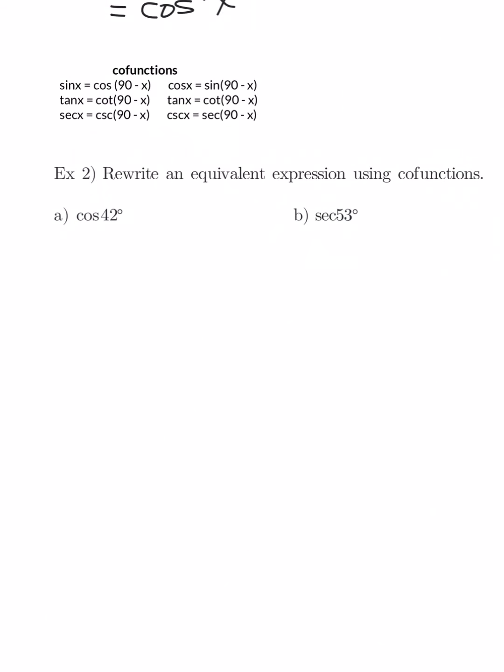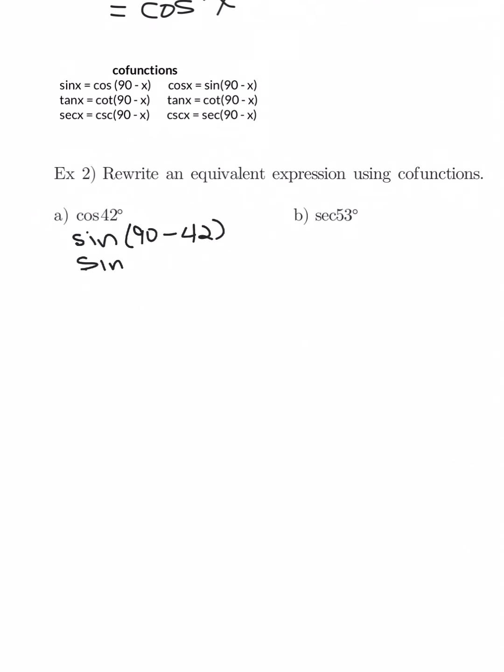On example 2, we are asked to rewrite an equivalent expression by using cofunctions. So if the function that we are given is cosine, like on example A, its cofunction is sine. And to find what angle we need, we should do 90 minus 42.